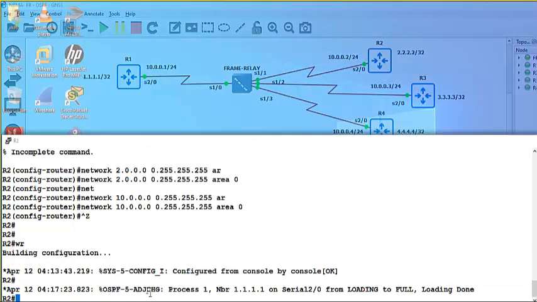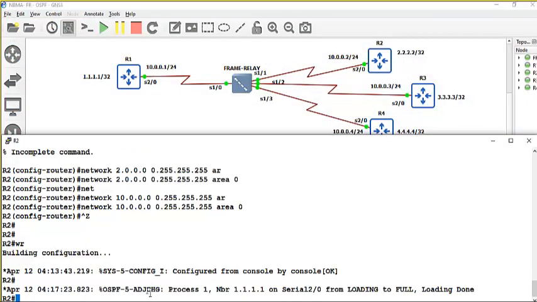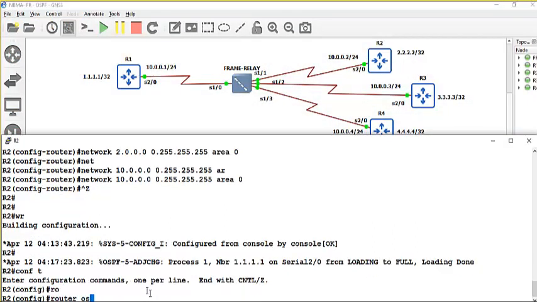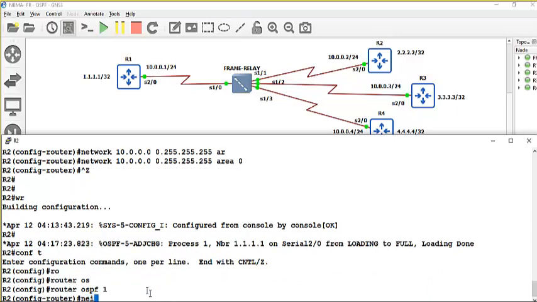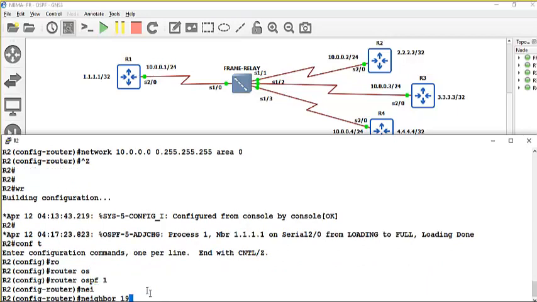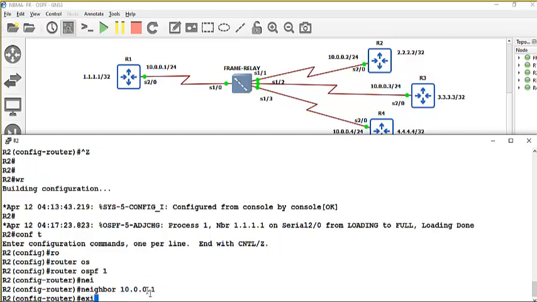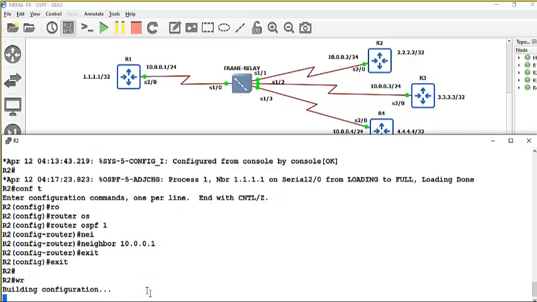So go to router 2, router ospf 1, neighbor 10.0.0.1. Likewise, go to router 3.